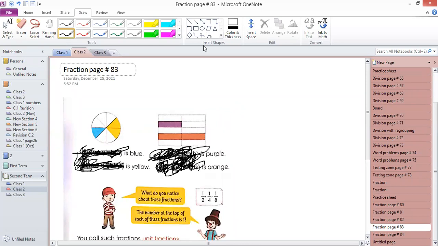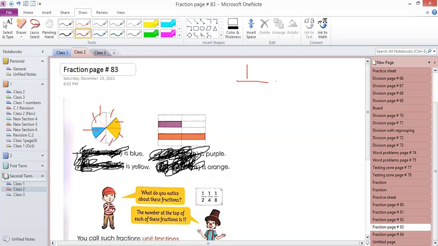All right. So you have to tell me the fraction of the blue here. What is the fraction of blue? First, I will tell you guys, then I will take answers from you. There is only one portion which is blue out of 1, 2, 3, 4, 5, 6, 7, and 8.